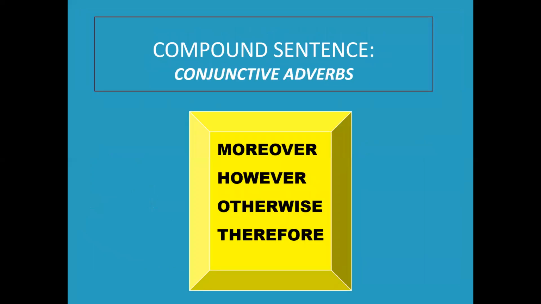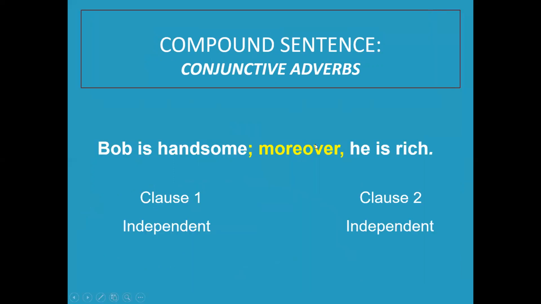In the compound sentence, sometimes we need to use conjunctive adverbs, for example, moreover, however, otherwise, and therefore. Such types of conjunctive adverbs we have to use in compound sentences. This is an example of the use of a conjunctive adverb in a sentence. Bob is handsome. We use a semicolon there.